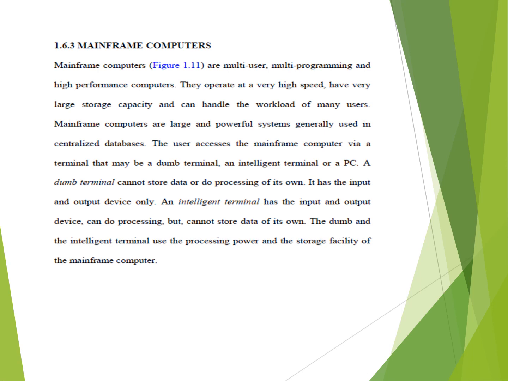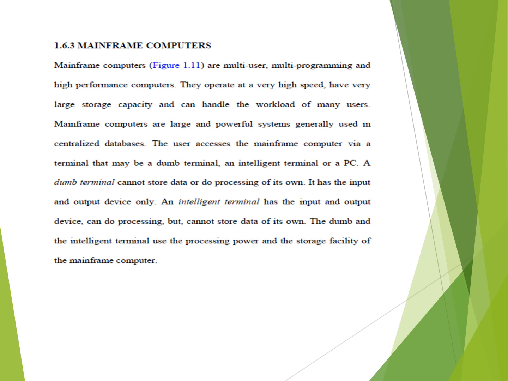The user accesses the mainframe computer via a terminal that may be a dumb terminal, an intelligent terminal, or a PC.